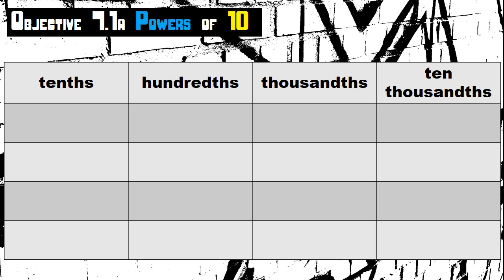And so here we go. We're talking about the tenths place. The way we write this in exponential form is 10 to the negative first power. Whenever we have a negative exponent, that tells us the number is going to be a decimal between 0 and 1. We can also write this as 1 over 10 to the first power.